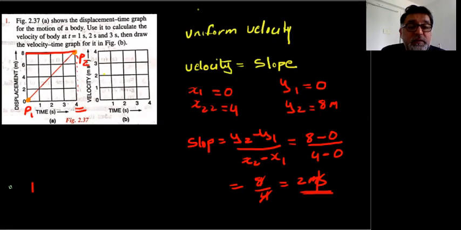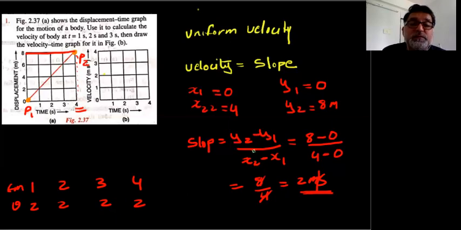Let's say this is time 1 second, 2 seconds, 3 seconds, and 4 seconds. The velocity will be 2 meters per second at each of them. So the body is traveling with a uniform velocity. In that case, the graph will look like a straight line. The velocity time graph will be a straight line parallel to the time axis.